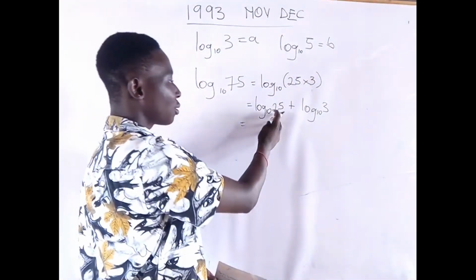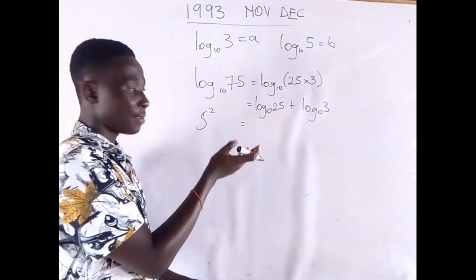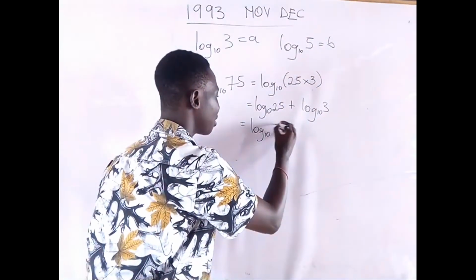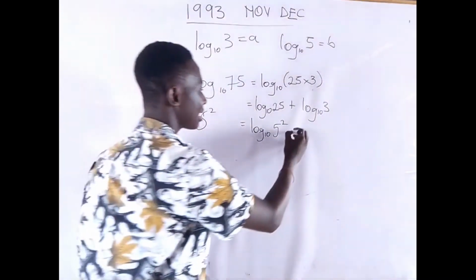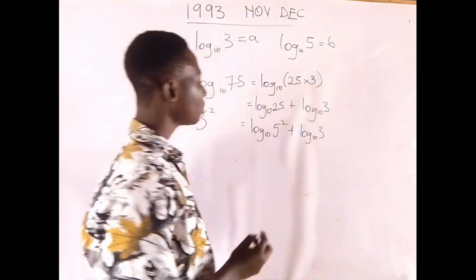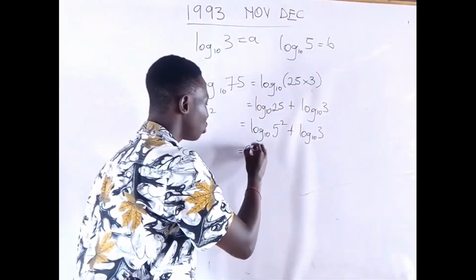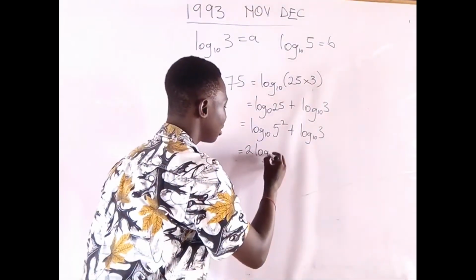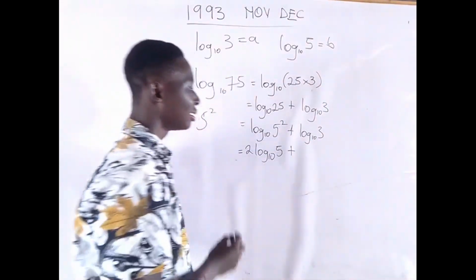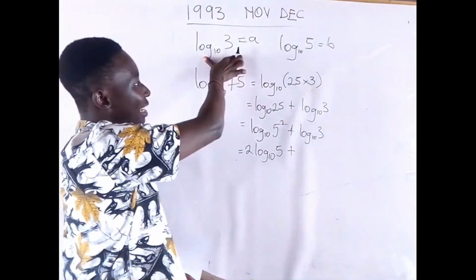So now 25, we can write it as 5 exponent 2. So we can write this as log 5 exponent 2 plus log 3 base 10. Log 5 exponent 2 base 10, we can write it as 2 log 5, plus log 3 base 10, which over here is equal to a.